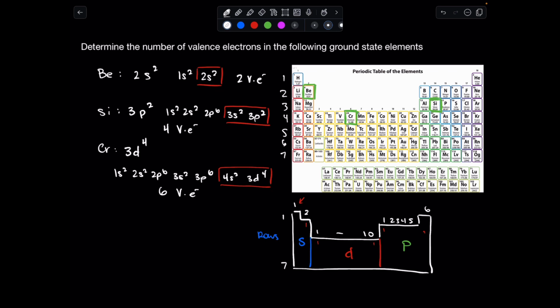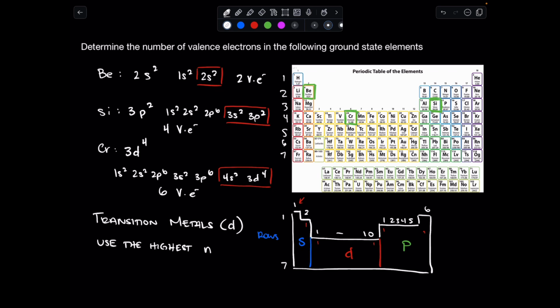So transition metals are always a bit tricky. Whenever we run into those, so for our transition metals, which are going to be our D block elements, we're going to use the highest n, which in this case was the 4s.